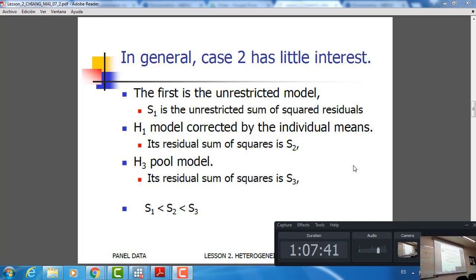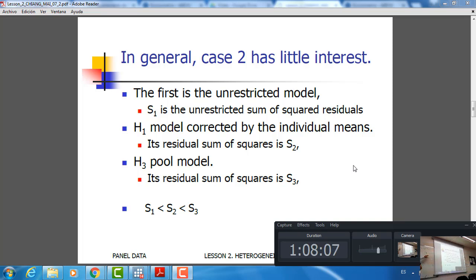So what is the relationship between sum square residuals 3 and 4? We don't know. It is important to know that we don't know.